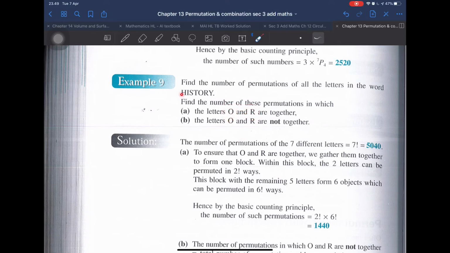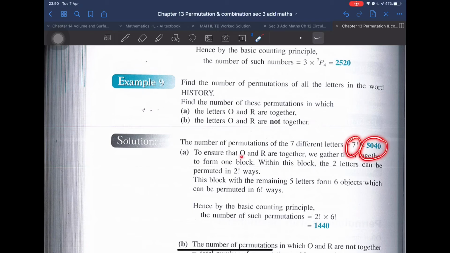So how many letters in the word history? 1, 2, 3, 4, 5, 6, 7. 7 letters. So we need to arrange those 7 letters, and that 7 factorial is going to be 5040.